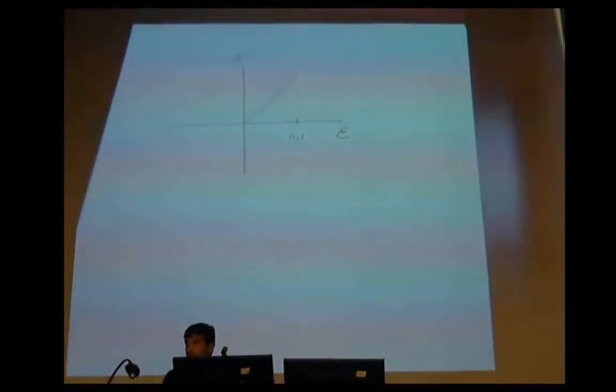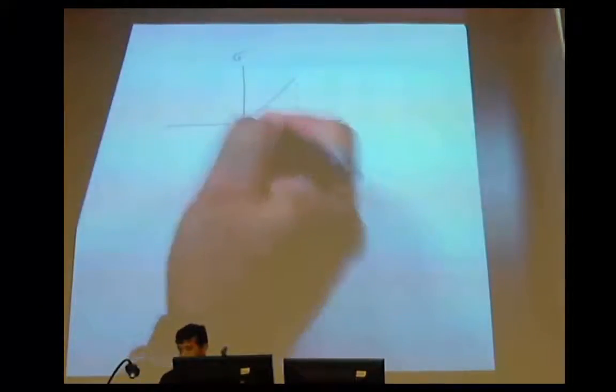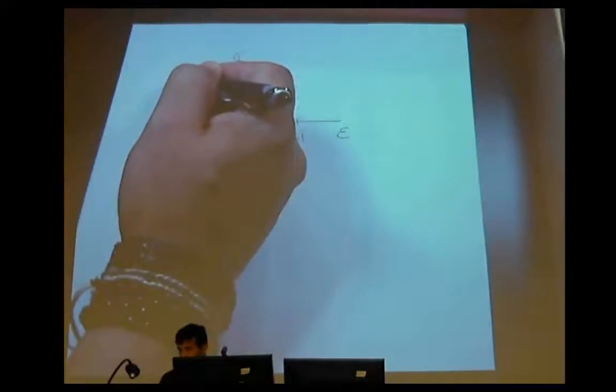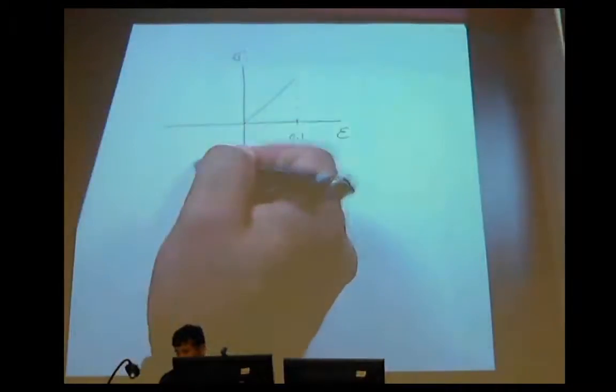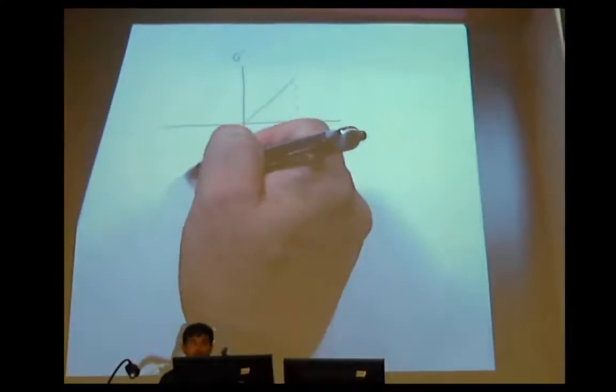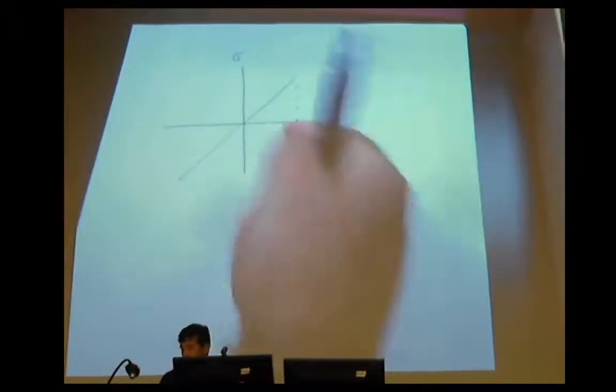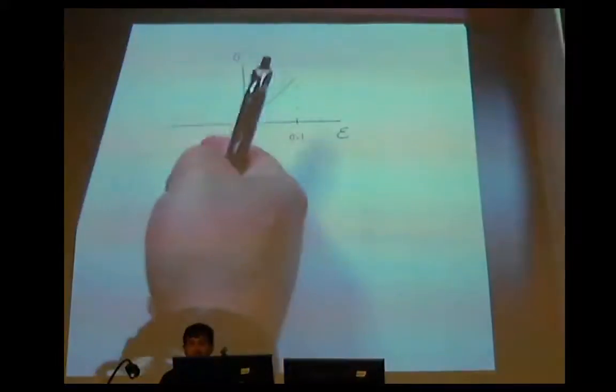Does that convince you all? How would the compressive strain look? Opposite, a bit down. Going down. Yes. So that would be compressive. So that is tensile and that is compressive.